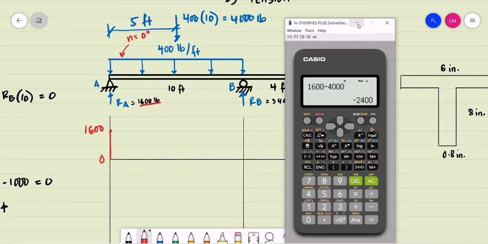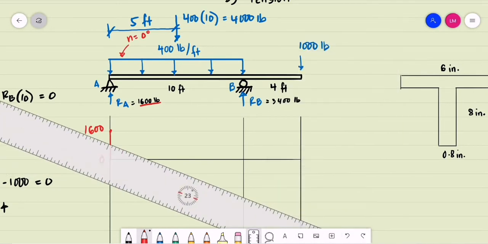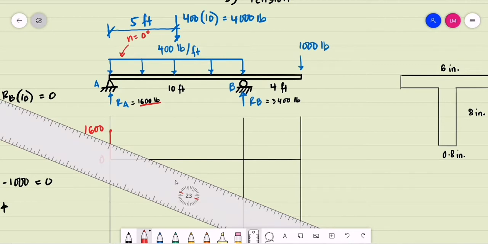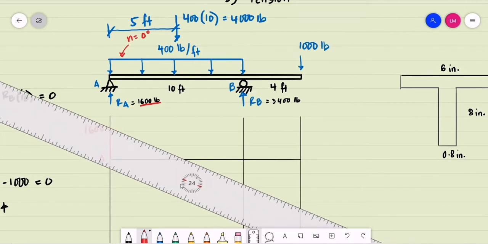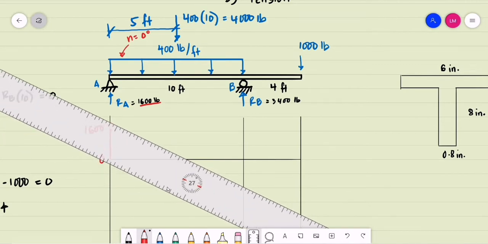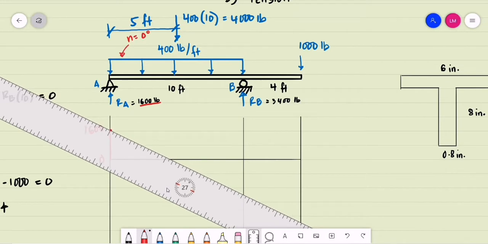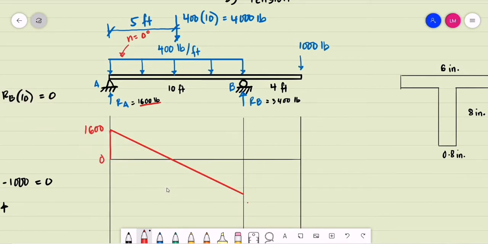So we have negative 2,400. From 1,600, we go down, first degree graph, to a magnitude of negative 2,400 pounds.